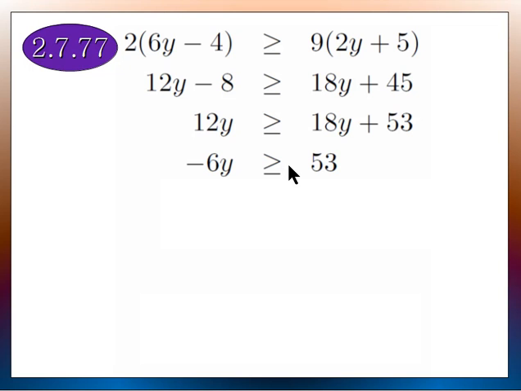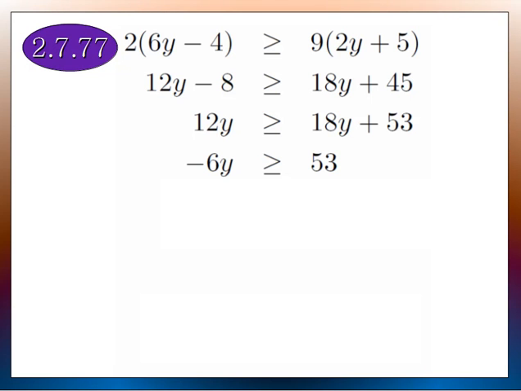Now, the last step of solving this inequality is to divide both sides by negative 6. But when I divide the left by negative 6, I just have y. But over here, when I divide the right by negative 6, I have 53 divided by negative 6, or negative 53 over 6. I bring the negative out front. Now, 53 is not divisible by 6. 54 would be divisible by 6, but 53 isn't.